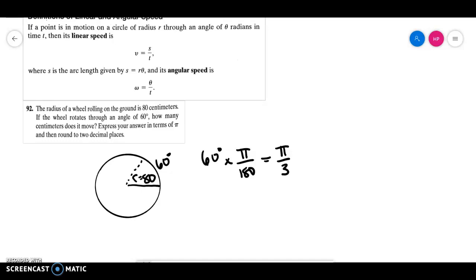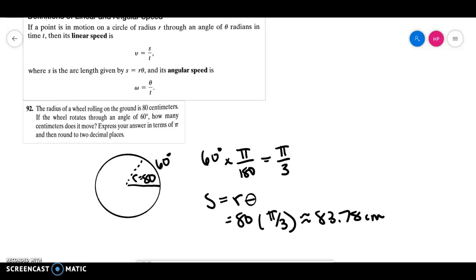My length that it's moving then, I would just take S equals R times theta. And so we have an 80 centimeter wheel, and pi over 3. This one doesn't simplify. It would just be 80 pi divided by 3. So as a decimal, that's 83.78 centimeters.